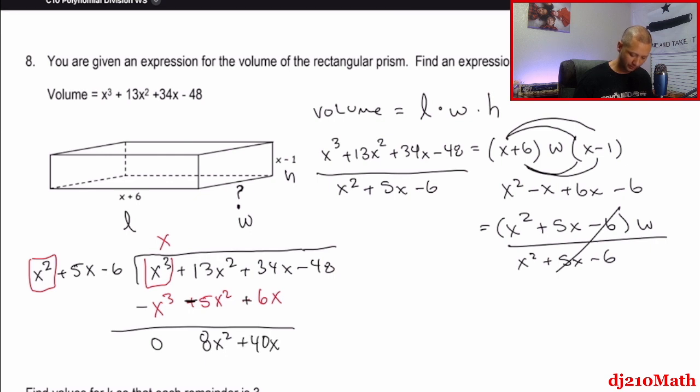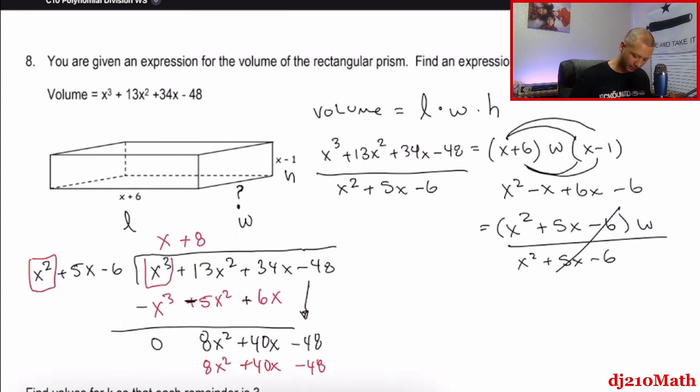Okay, bringing down minus 48. x squared times what gives me 8x squared? It's going to be plus 8, positive 8, rather. So multiplying, we're going to get 8x squared, 40x, positive, and then negative 48.